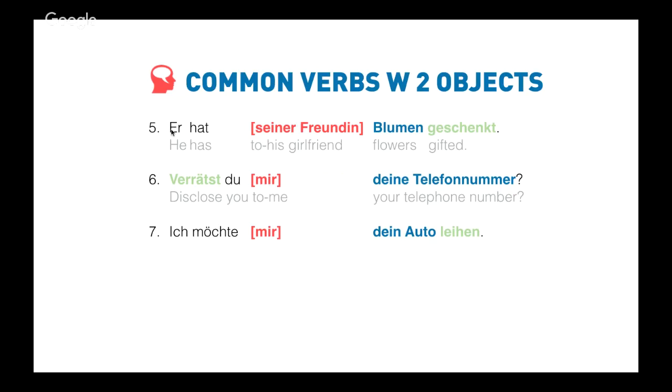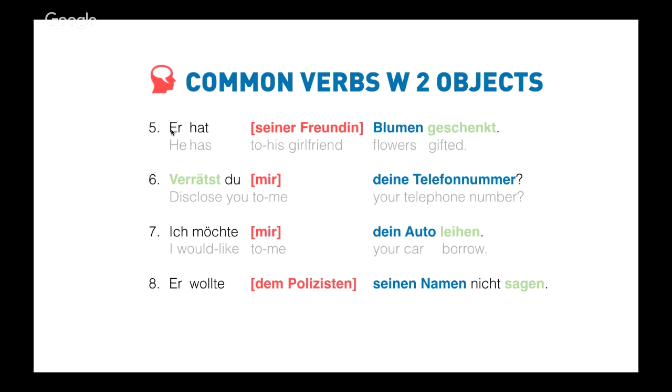Number 7. Here we go. Once again, we have two verbs, möchten, would like, and leihen, to borrow. If you borrow it, yeah? So leihen is the one that's responsible for us, or allowing us to use two objects.